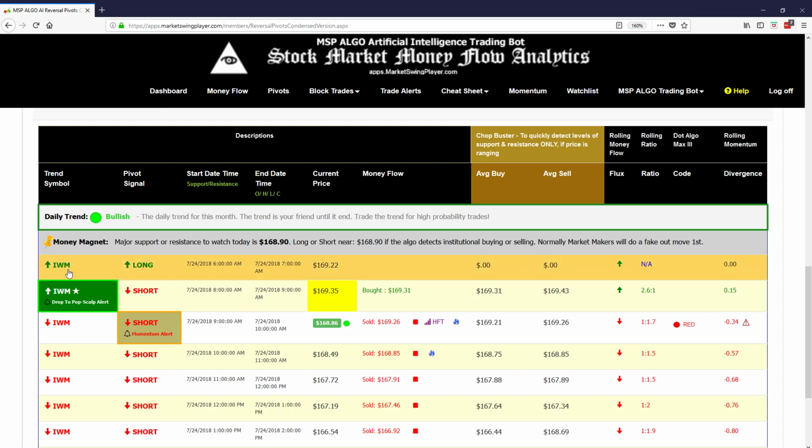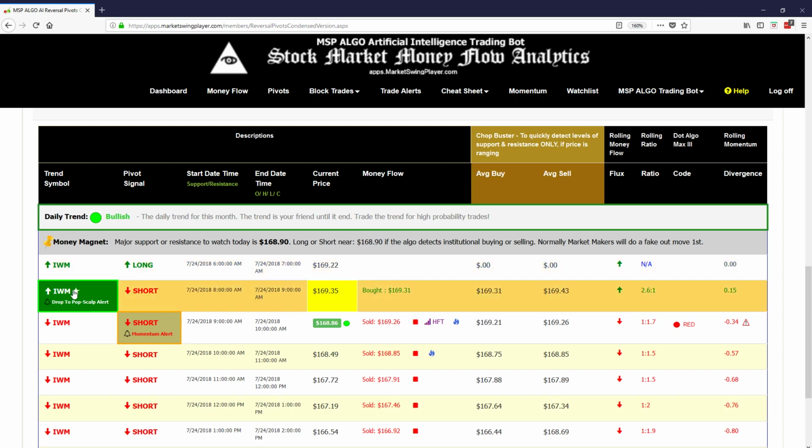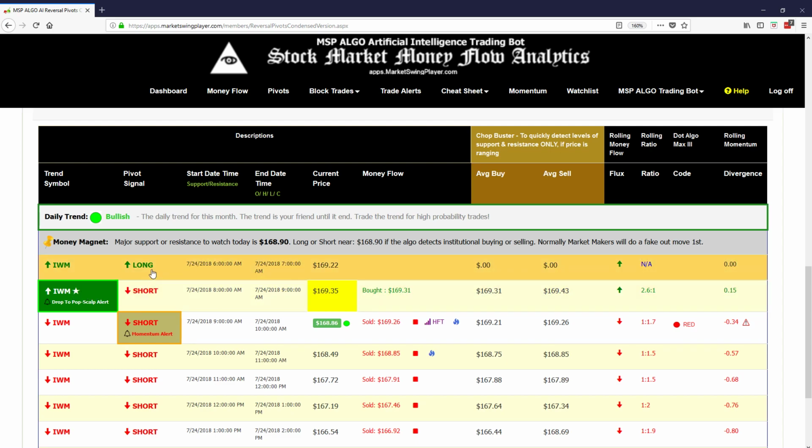So we got the trend, which is intraday in this particular time frame, every hour. So we know that once transactions occurred, it was bullish and prices going up.